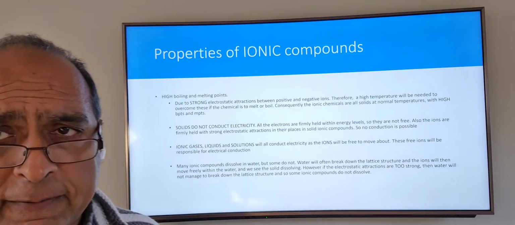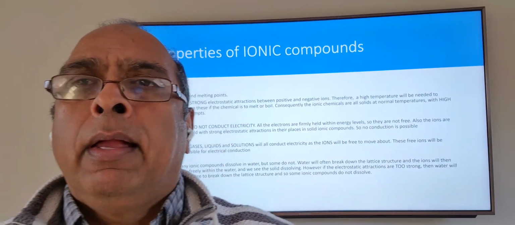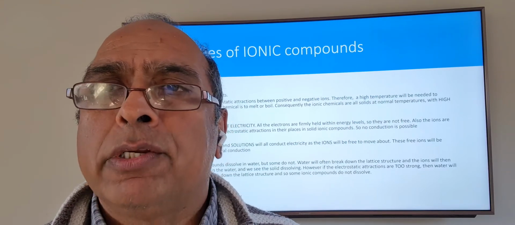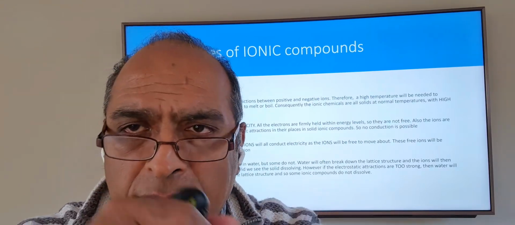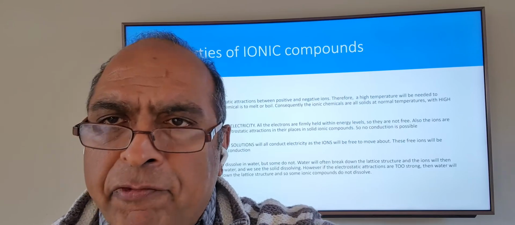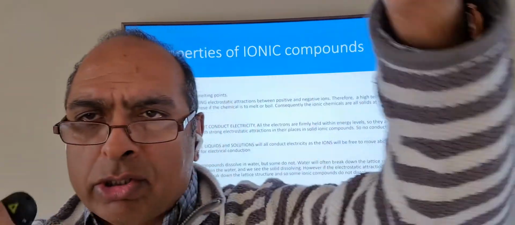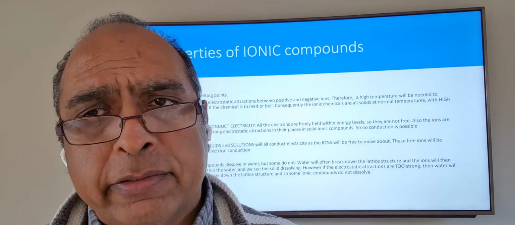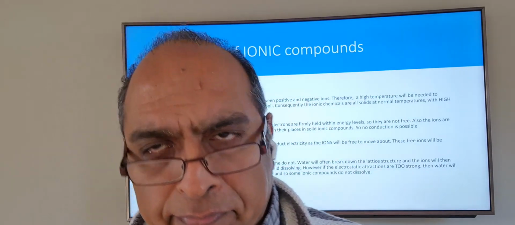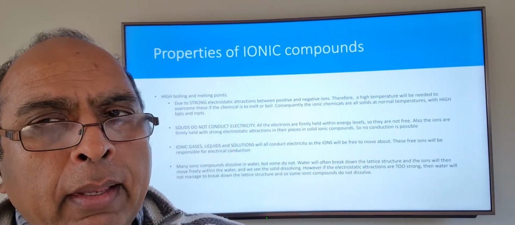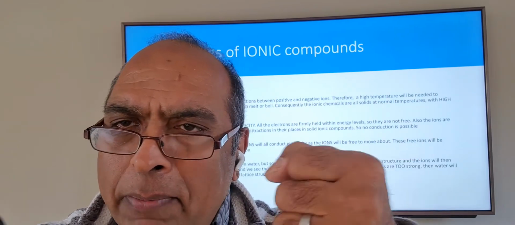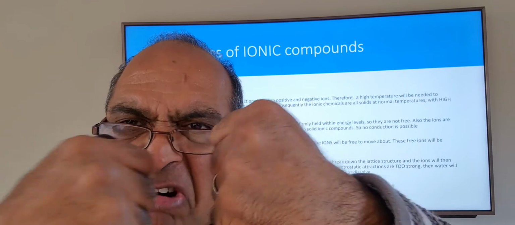Finally, dissolving. Many ionic compounds will dissolve. And when they dissolve, the ions end up freely moving about in the water, going around each other amongst the water particles. If it doesn't dissolve, and they don't all dissolve, it's normally because the attractions are so strong.